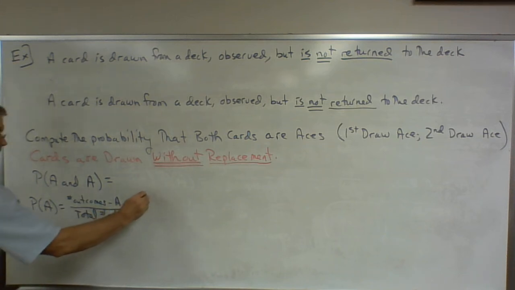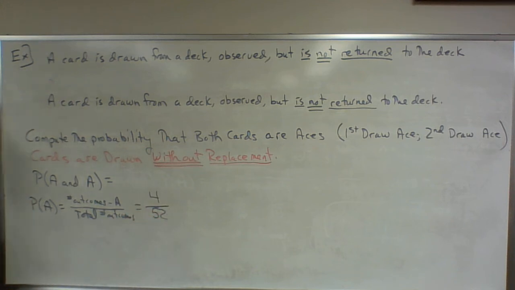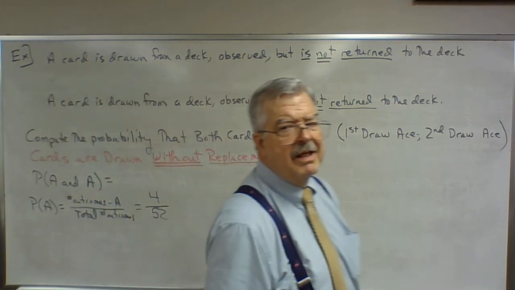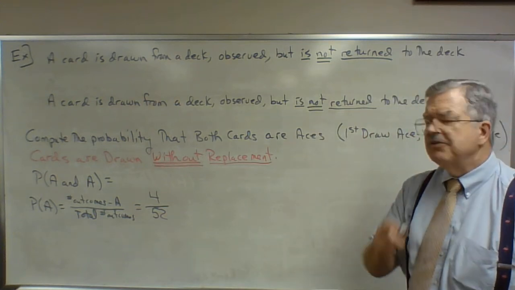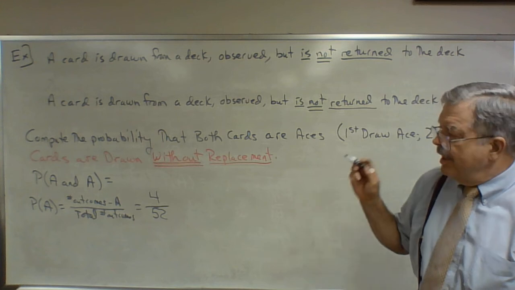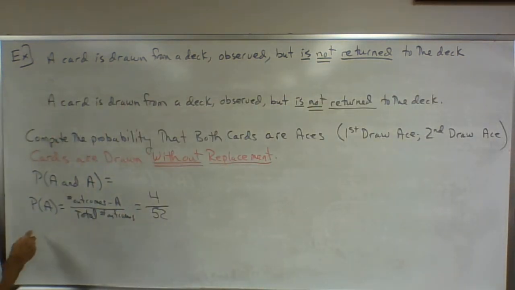Well, there were 4 aces in the deck and 52 cards in the deck. Nothing's changed. Everything's exactly like it was in the previous example so far. Now, let's compute the probability that the second card is an ace.